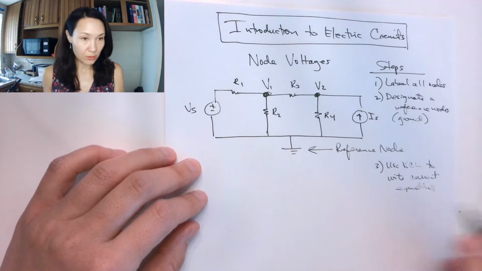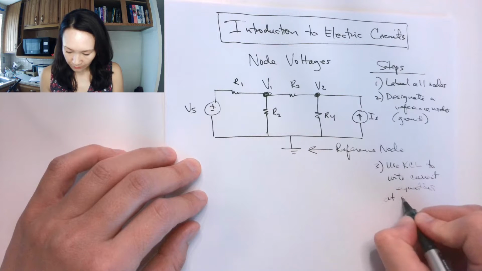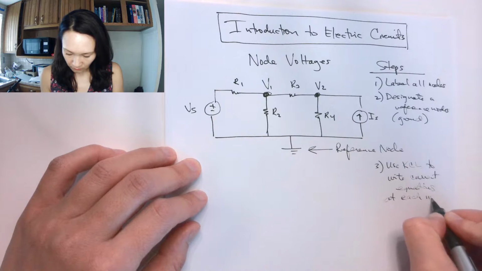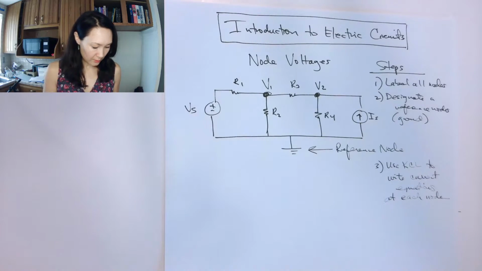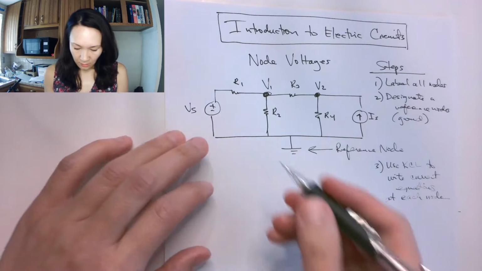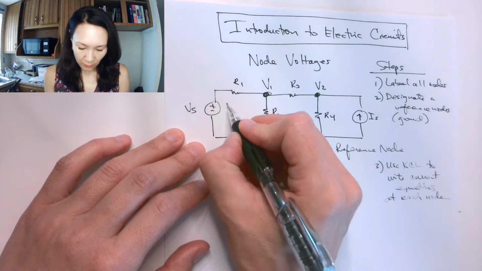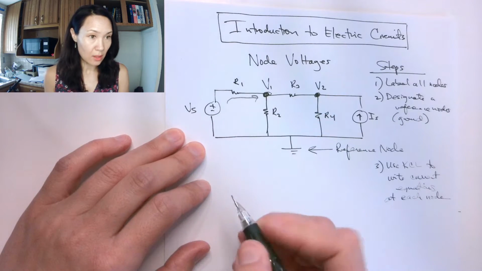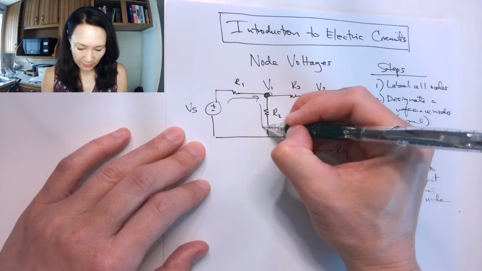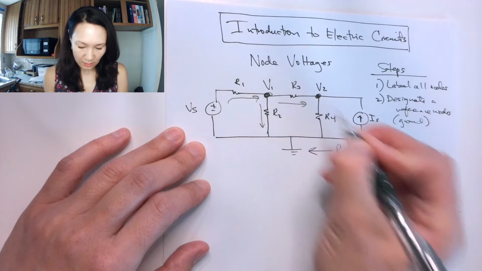And we want to write those current equations at each node. So by KCL we know that the current coming into this node is equal to the current that splits down this branch and this branch.